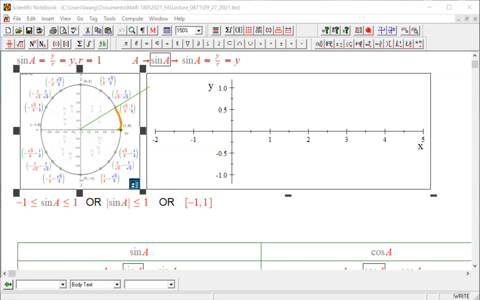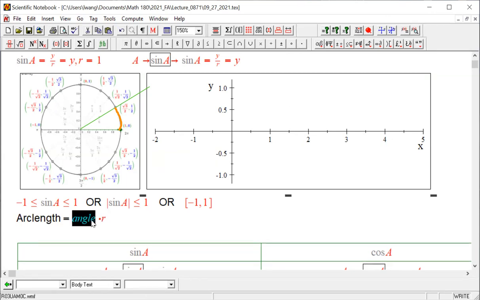And of course, there's a formula for it. If you want to know the formula, the arc length is equal to the angle multiplied by the radius, and the angle has to be in radian.